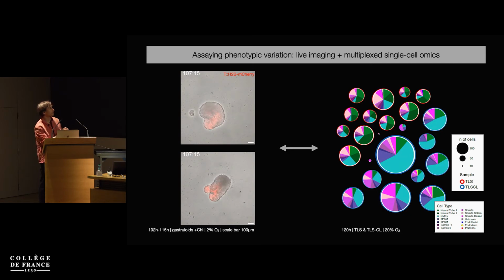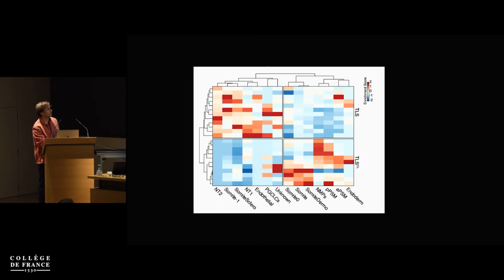And what we can now do is take individual structures and actually get their single-cell transcriptomes. And what we then can see by having single-structure, single-cell transcriptomes is something that you would not appreciate from bulk single-cell RNA-seq: there is actually a huge difference between individual structures.